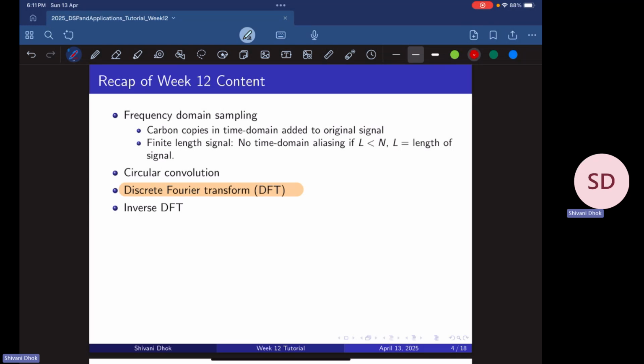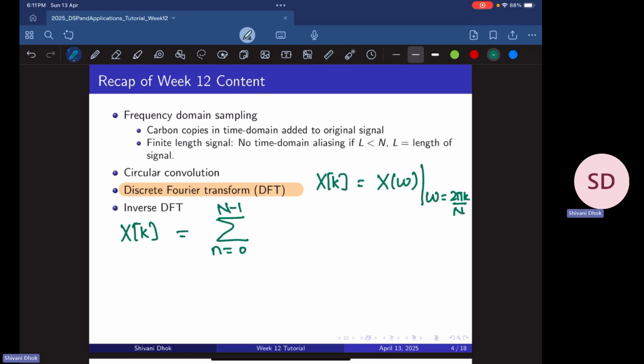The discrete Fourier transform is given by X of k, and we obtained this using our DTFT by setting omega as 2 pi k by N. So we get X of k as summation n running from 0 to N minus 1 of x of n into e power minus j 2 pi k n by N. And this N can be anything greater than or equal to the length of your signal.